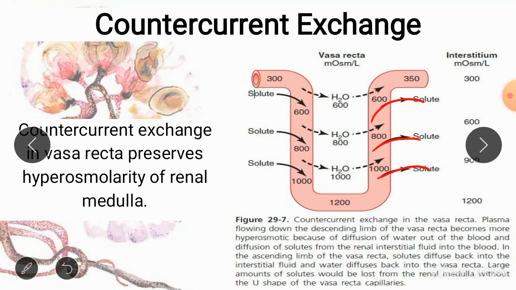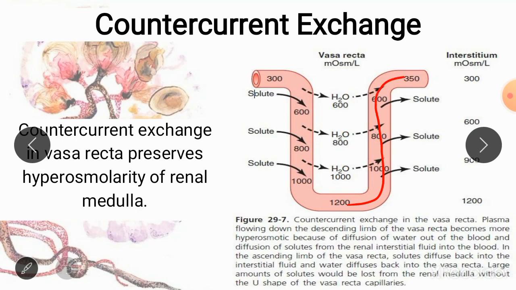So the solutes which they gained while moving towards the medulla are now lost as the blood flows from the medulla back towards the cortex. So there is no net loss of solutes, and no solutes are washed away from the renal medulla; they are returned back to the medulla as the peritubular capillaries loop backward towards the renal cortex.